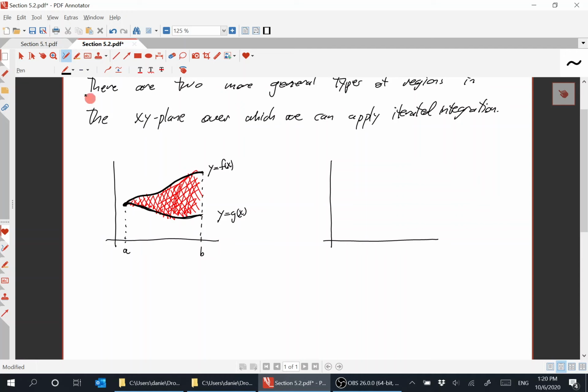We call this type of region, for lack of a better word, type 1, or first type.